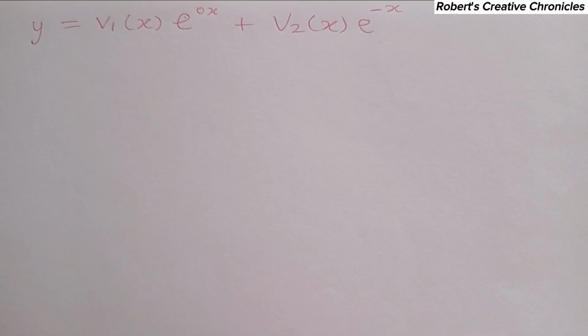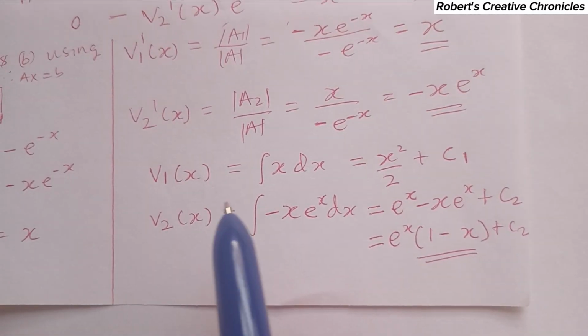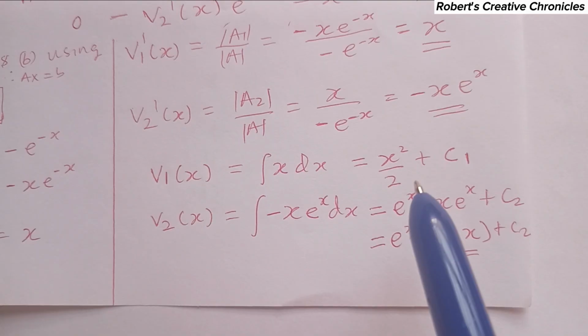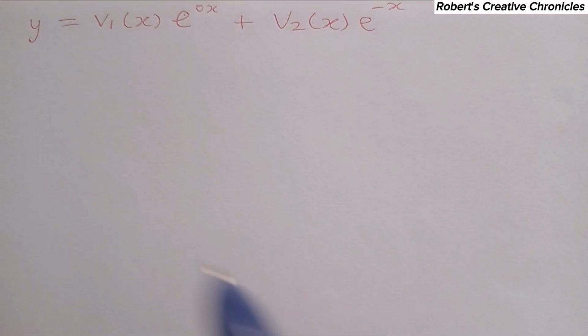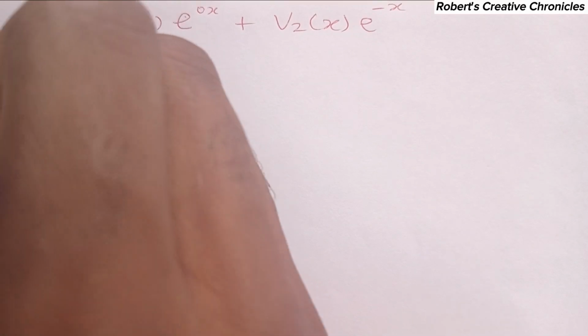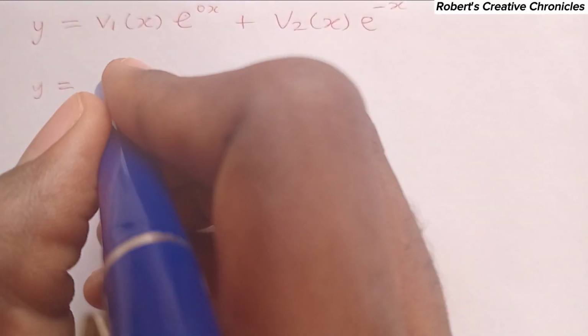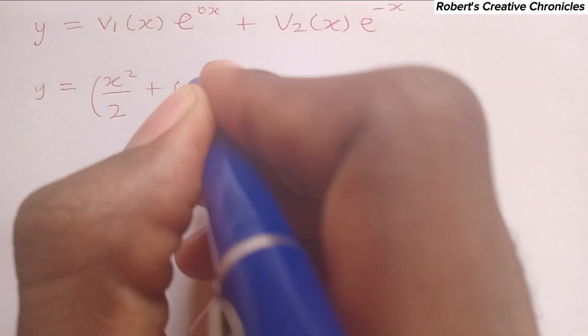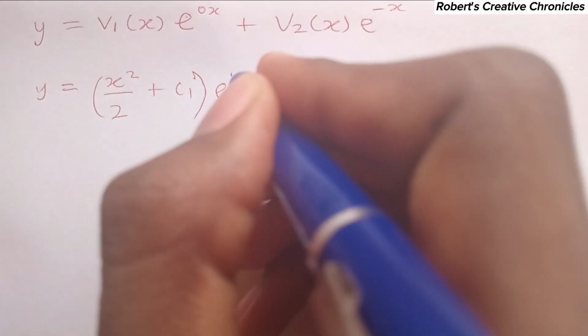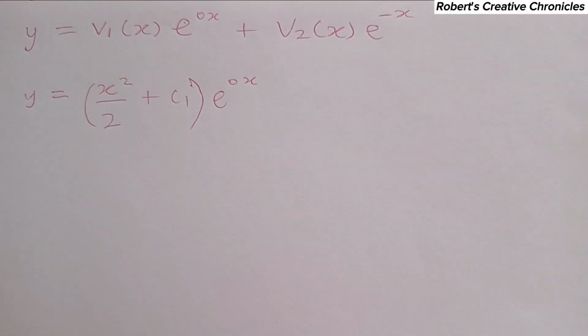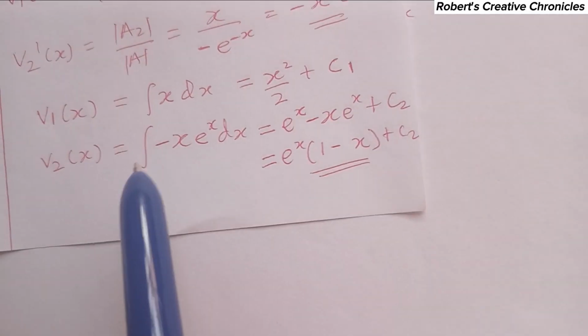So it will be, here is v1(x), which is x squared over 2 plus c1. So here y is equal to x squared over 2 plus c1, times exponential 0x. Then v2(x) is what?